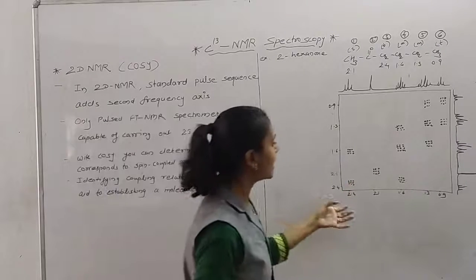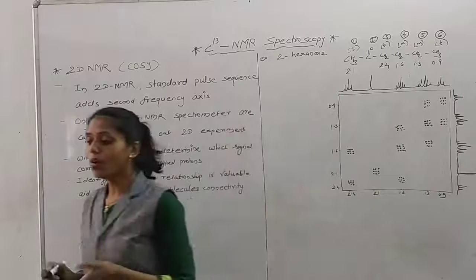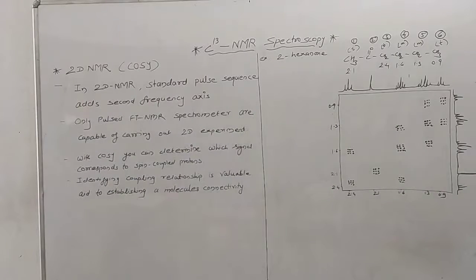So there is an x-axis and another is the y-axis. In 1D NMR, what happened?